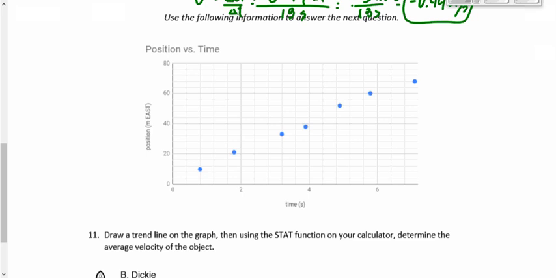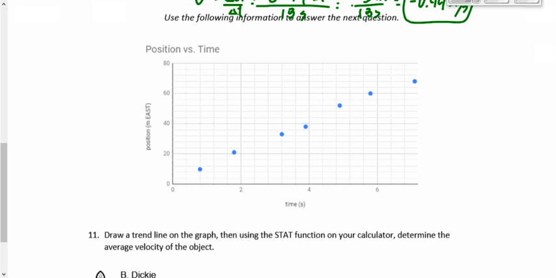Draw a trend line, identify the ordered pairs, and then enter it into your calculator. Listen, there's no formal notes for this. What I would do, if I was you writing down notes for this, just write down 6 words. Stat, edit, 1, stat, calc, 4.